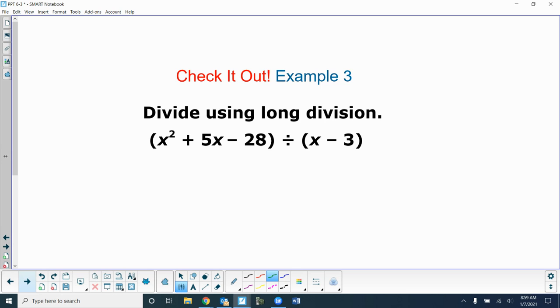X squared divided by 3x. 5 minus 3. Extra 1. It's 5 minus 3. 8.